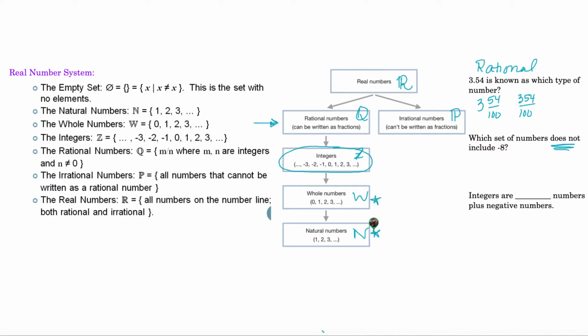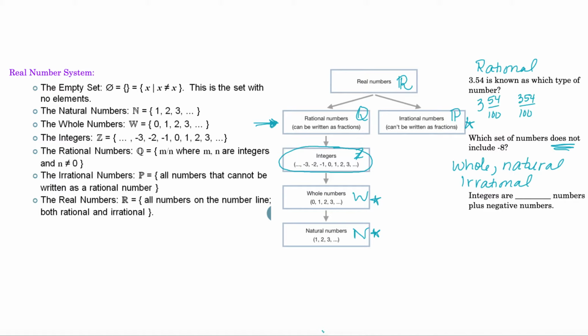Just notice the negative values are not listed there. And ultimately, it also doesn't include the irrational numbers. But because it can be written as a fraction, it is also a rational number as well.